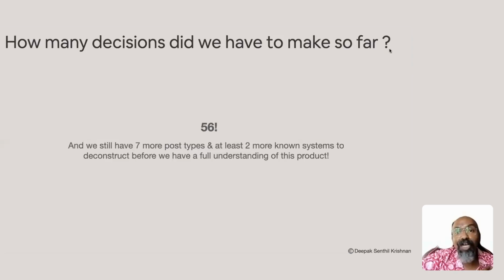We are only aware of at least 2 more systems that are interacting with each other, which we have attempted to deconstruct before trying to even understand the full complexity that has come together to make something as magical as a newsfeed happen. And yes, this is by no means exhaustive. So imagine, just off the top of my head, I'm putting together a bunch of questions.